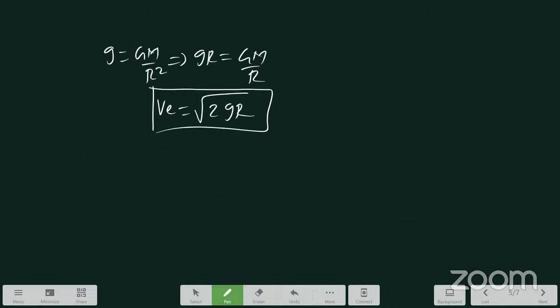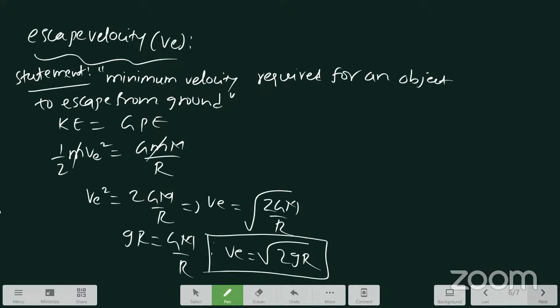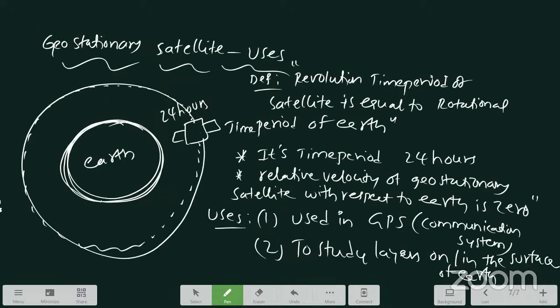One more theoretical question: geostationary satellite. The diagram is not there, just the definition, 1 or 2 points about the geostationary satellite, and any two uses, 1, 1, 2. In total you can get 4 marks.